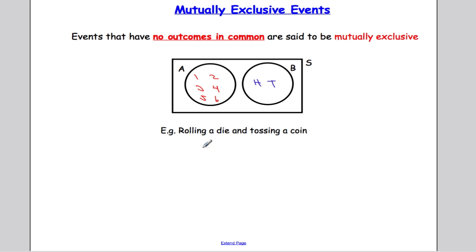Now, there's a really important feature that arises because of this. Because there is no intersection, that essentially means that the probability of A intersection B is equal to 0.